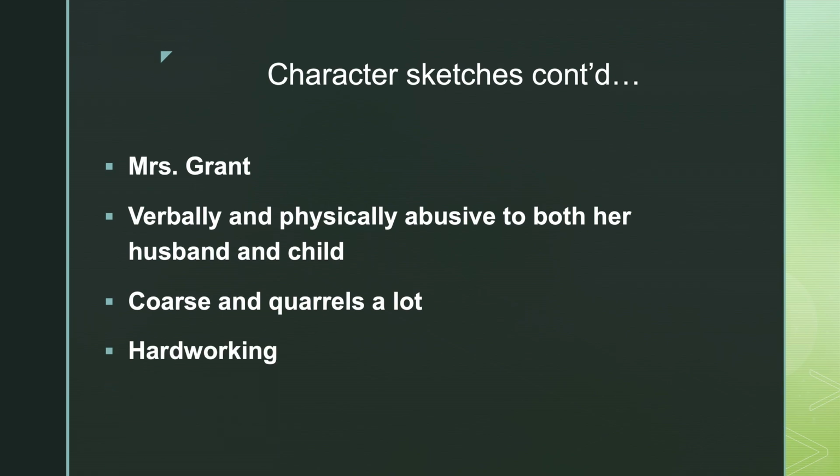She's very hardworking as well. She is moving around the kitchen, getting breakfast prepared, in spite of how the morning started. I think we can also say that she's a smoker, because at one point, Frank, in describing her, mentions her smoke-blackened teeth. So she's a smoker as well.